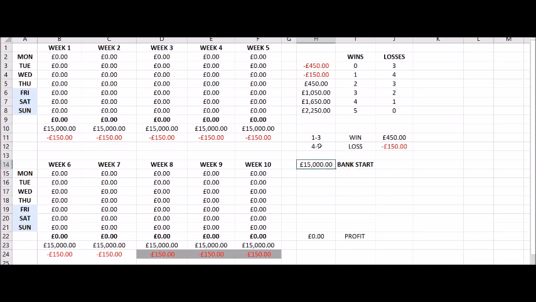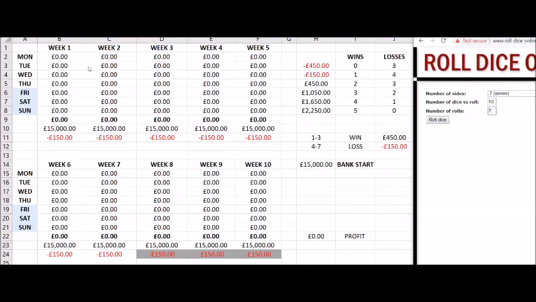Now, I need to say this before I move on. There are different ways that you can roll with the percentage-based risk approach. Some people do it trade by trade, some do it day by day, and I do it week by week.